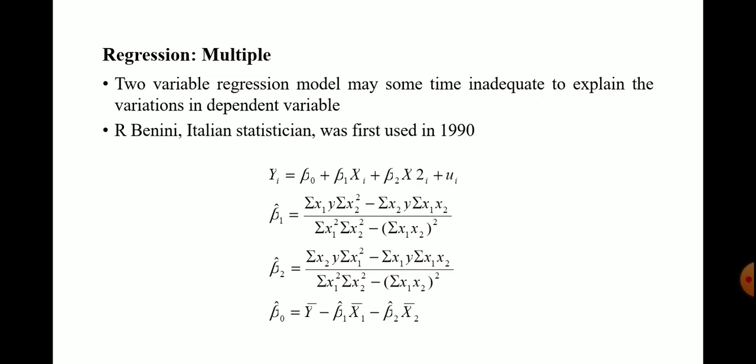So in the multiple regression model, the slope parameters are known as partial coefficients, partial slope coefficients or partial elasticities.